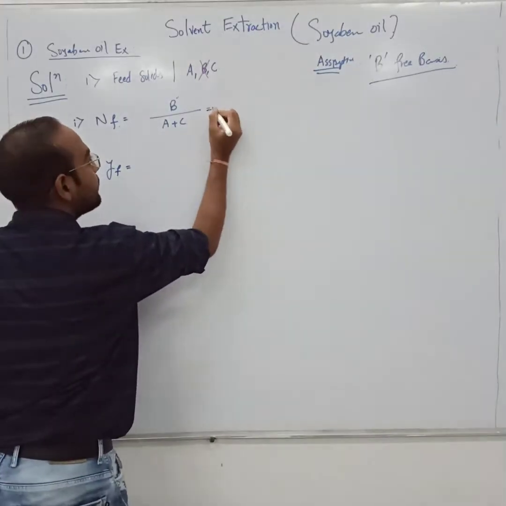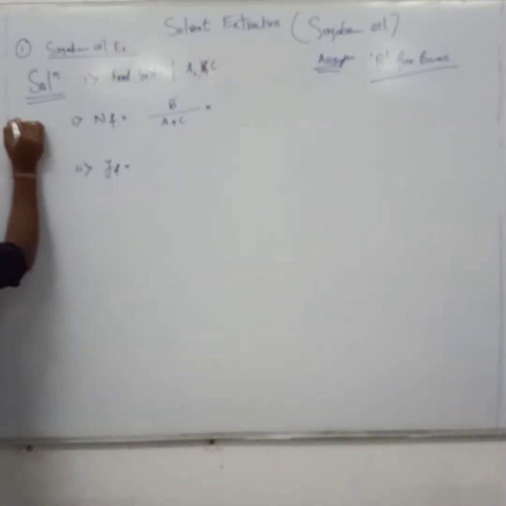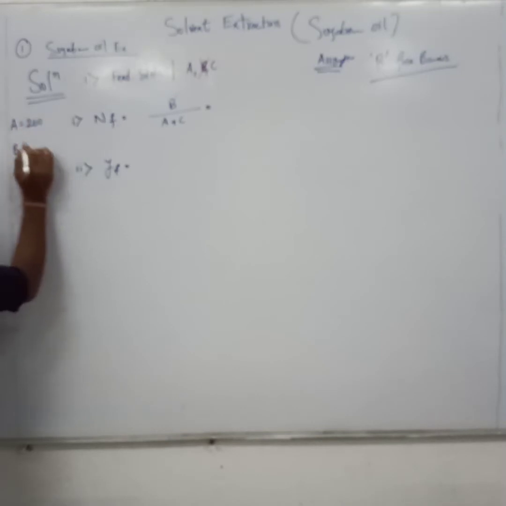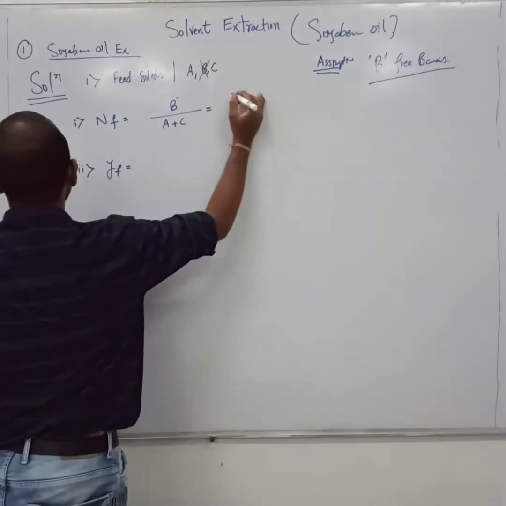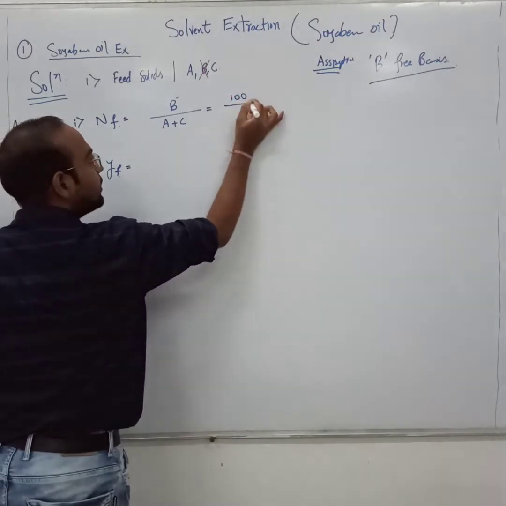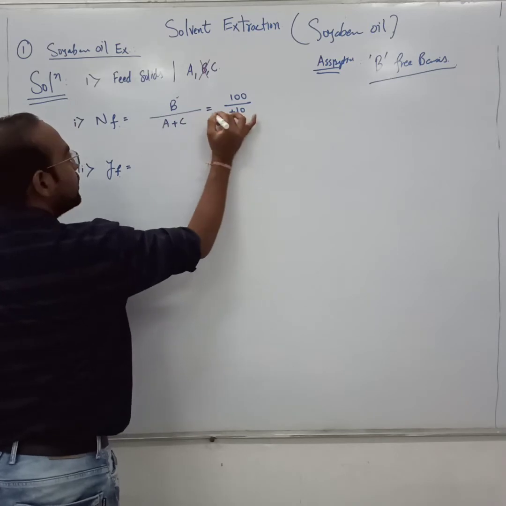Now B is your insoluble solids, and write here again A, B, C. Value of A, organic solvent, 200 grams, weight of seeds 100 grams, and oil content is 10 grams. So B is your 100, and A is your 200.